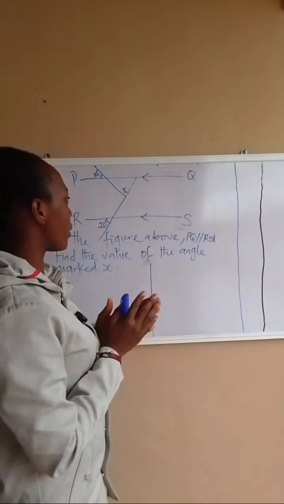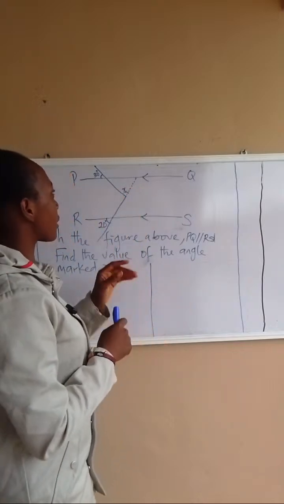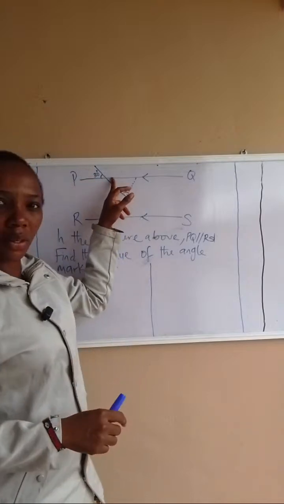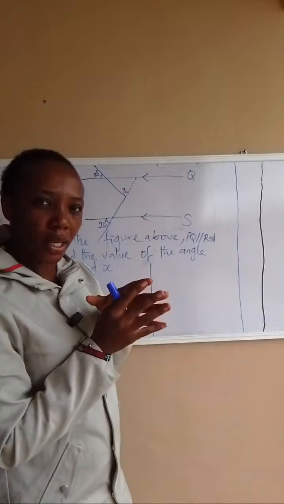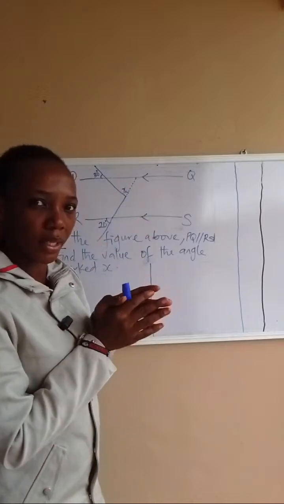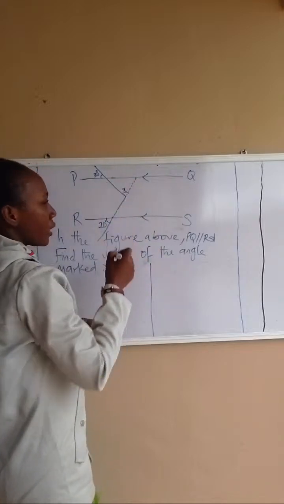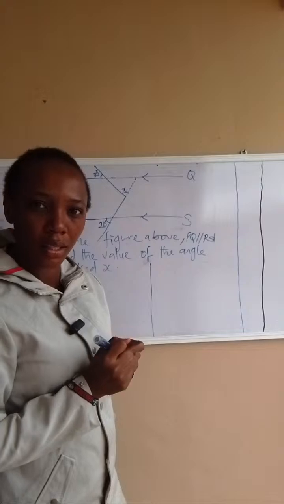So the first thing we'll do in this case, look at this angle here and look at this angle. They are two opposite angles and they are equal. Are you getting it? So why are they equal? Vertical angles are equal.